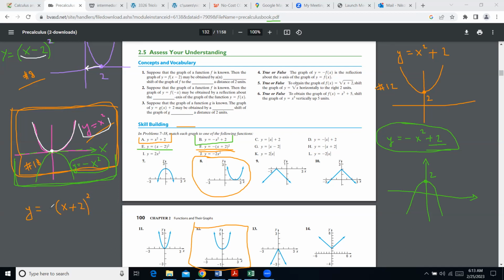But there is also a minus, so the graph is going to be pointing down, right? Just like we already saw in the previous example, where the graph was opening downwards when we had a negative in front of that square term.